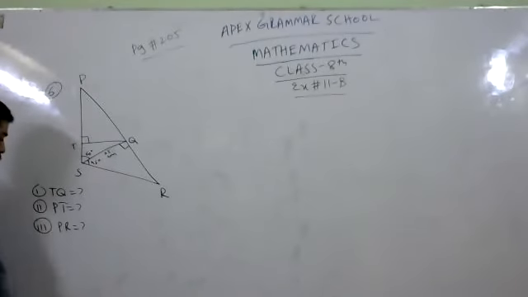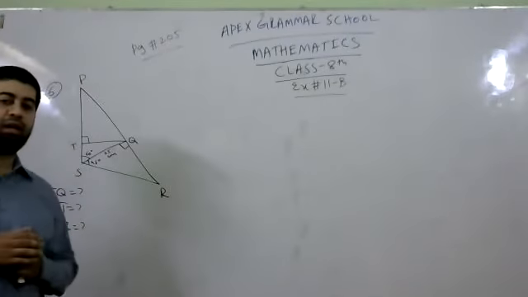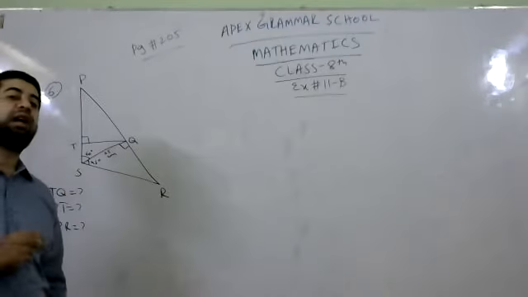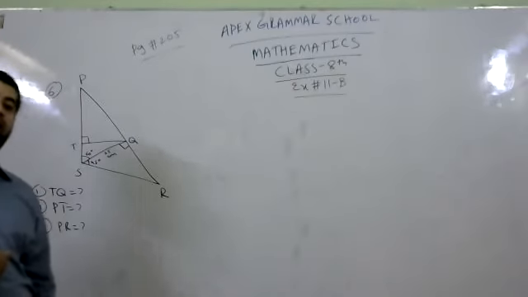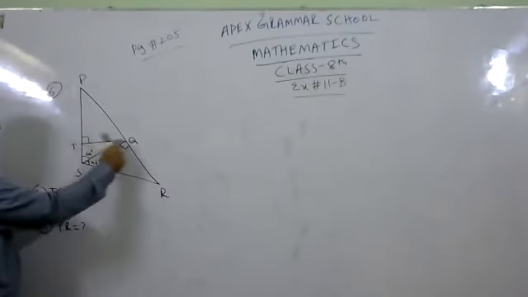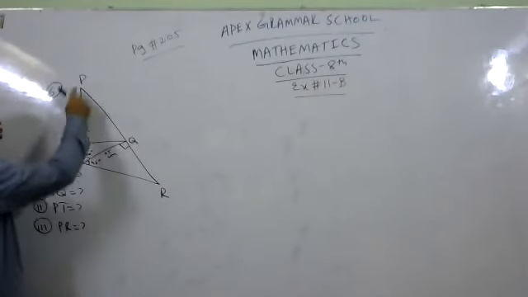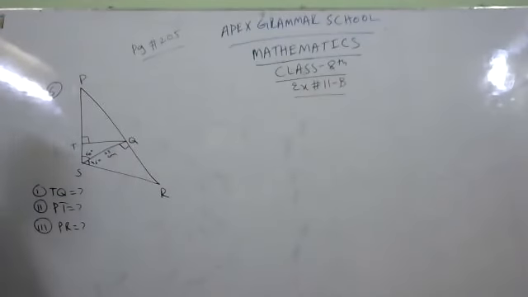So think about it, how we can find the value of TQ. We can see that TQ is present within two triangles. Either TQ is present in this triangle PTQ, in which no side is given. So how can we find it?